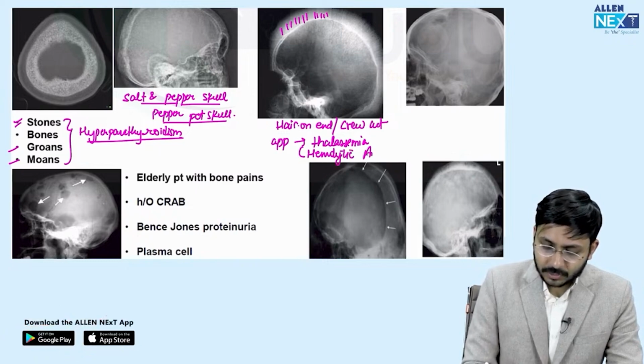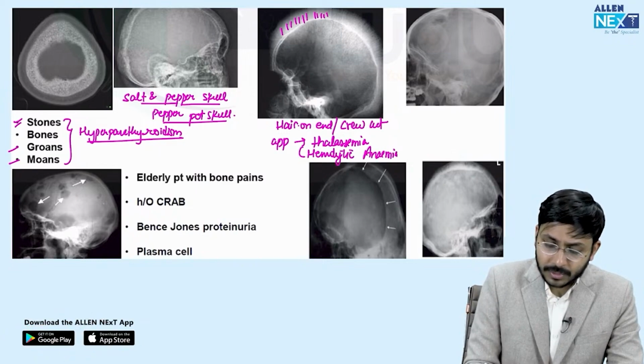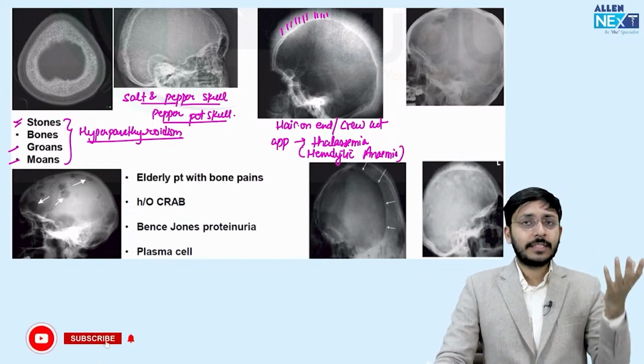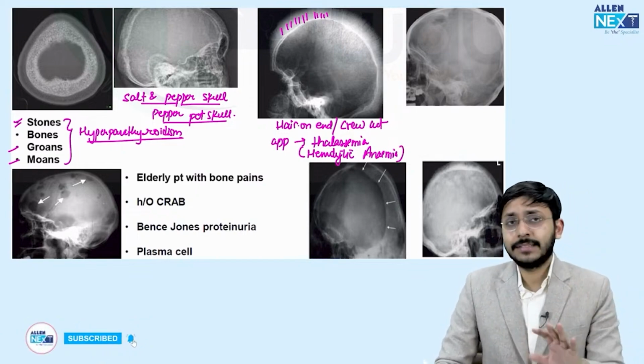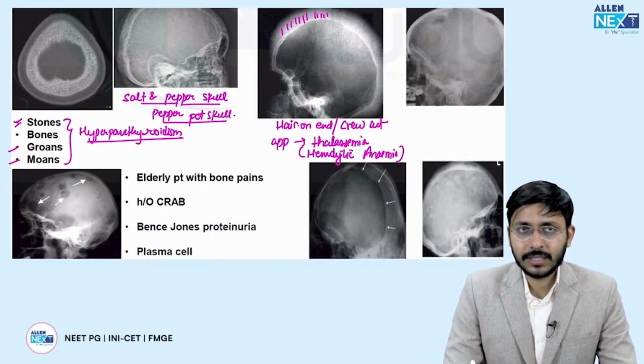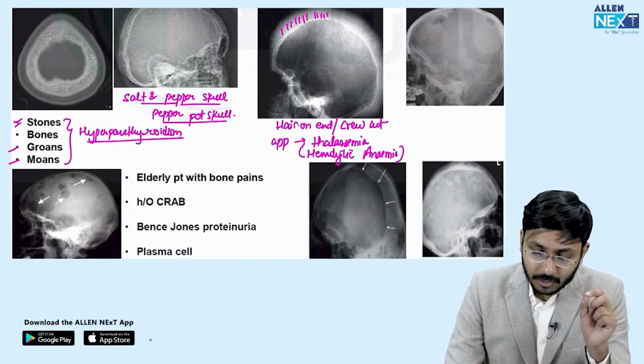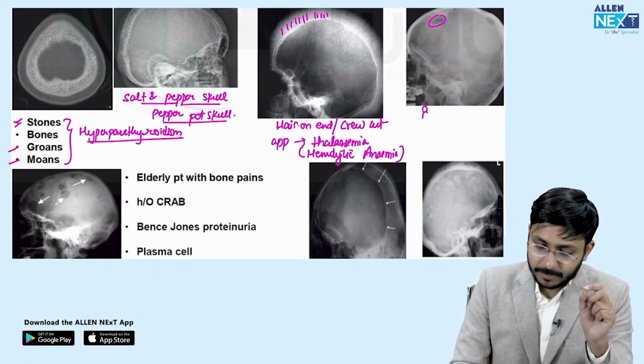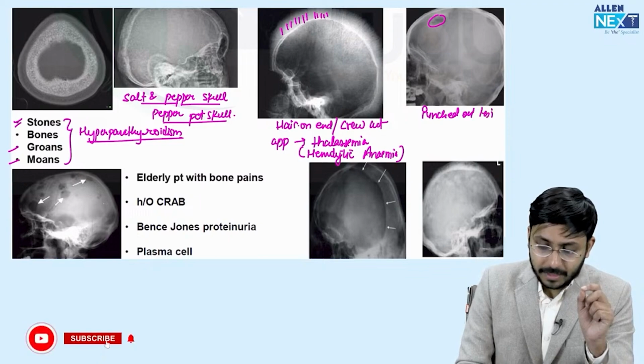Hemolytic anemias will also include hereditary spherocytosis, hereditary elliptocytosis, thalassemia, etc. Now, if you see on skulls, big punched out lesions, the buzzword being a punched out lesion with beveled margins.